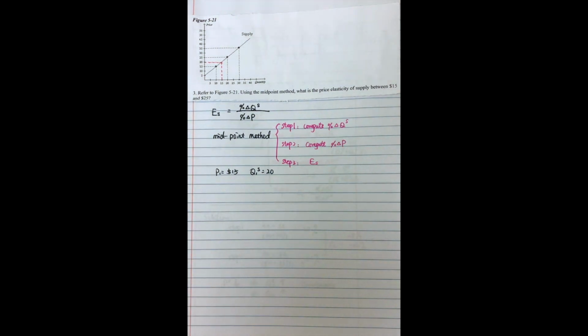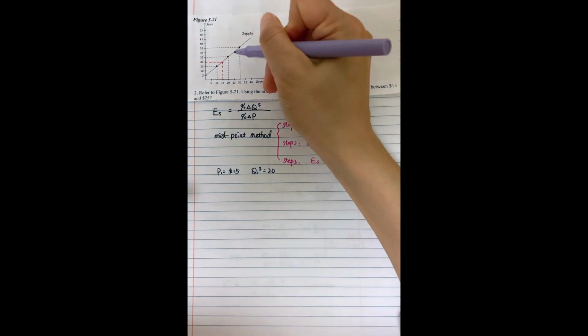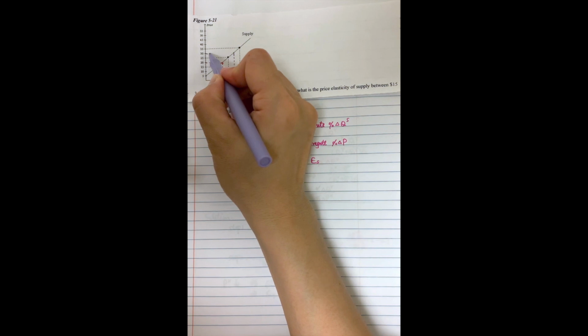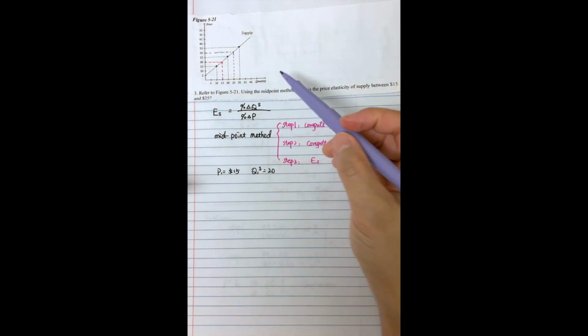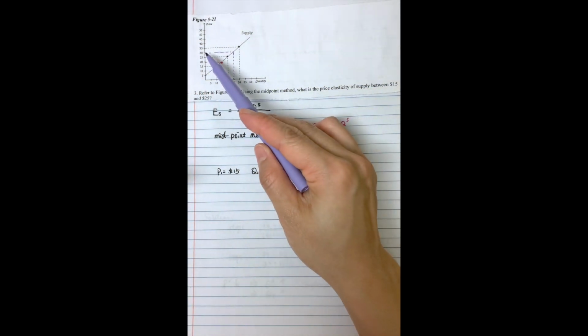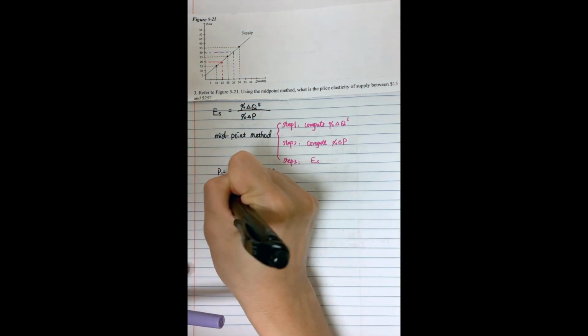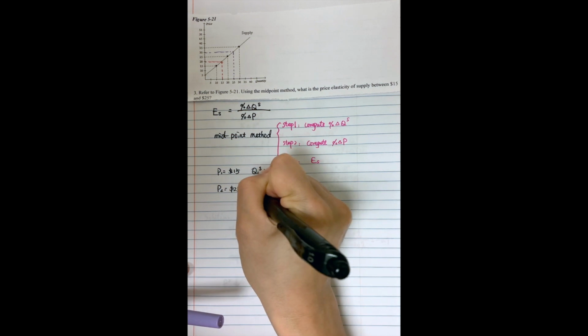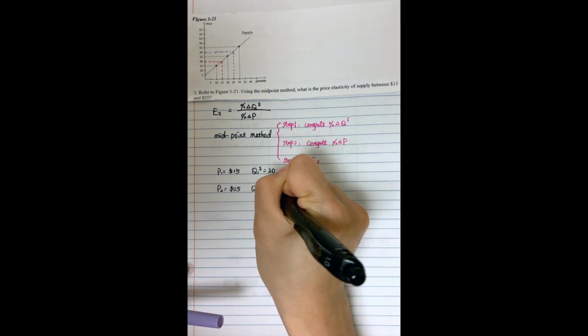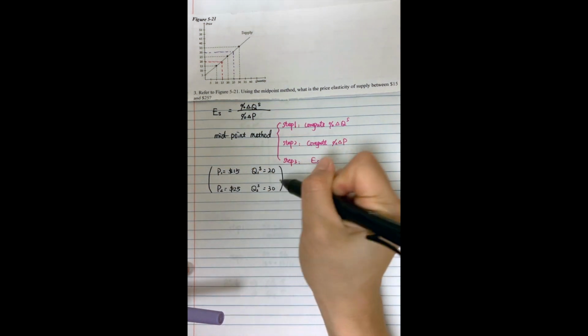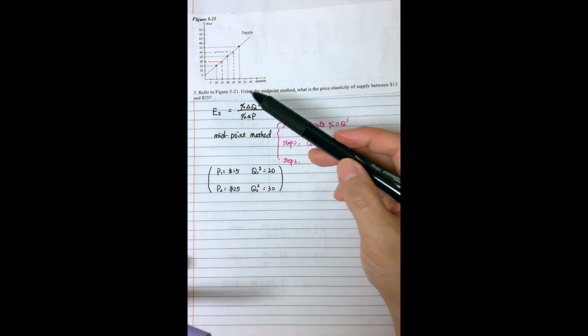And when the price increases to $25, price is higher, okay? Sellers would like to offer more products, okay? And then we can have the quantity supplied at $25 will be 30 units, okay? So I just write it down. $25, we can have the quantity supplied equal to 30 units, okay? So those are the information we can get from this graph, okay?